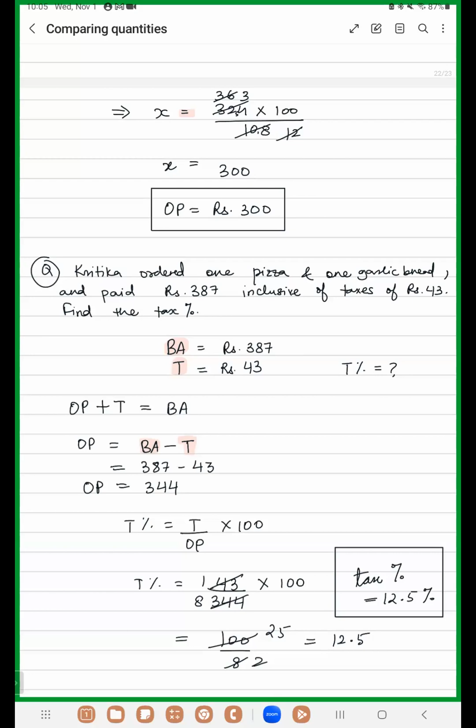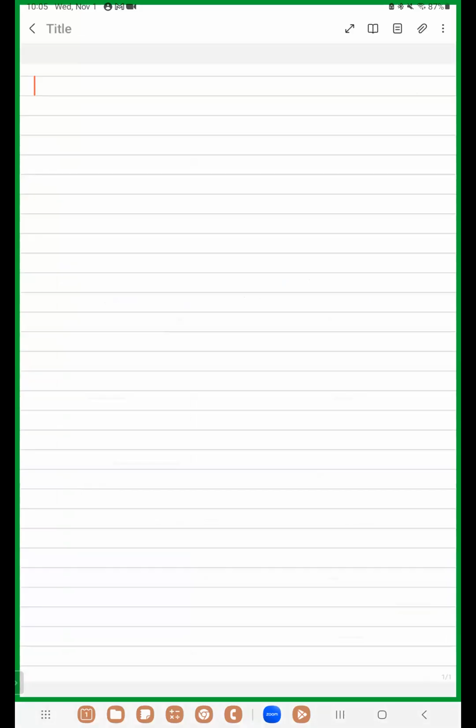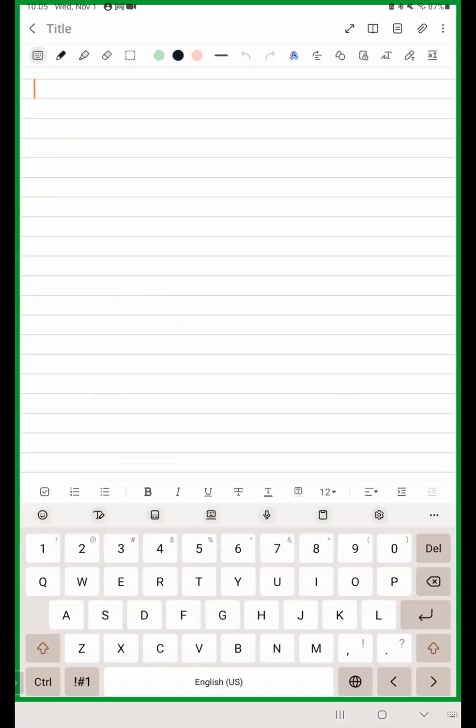All right, so let's do that chapter then, algebraic expressions and identity. So what do you understand by an algebraic expression, Hiba? It's like an expression with variables.